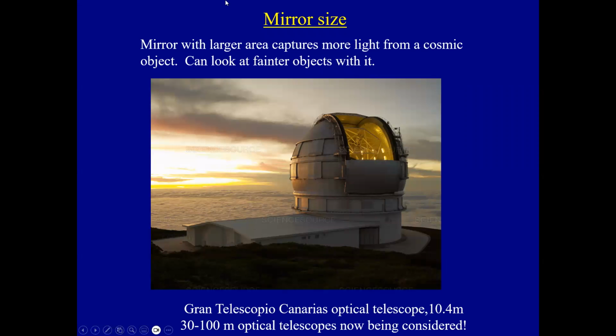And what we can see out in the field of astronomy. So let's talk a little bit about the theories behind the optical telescope, right? For a telescope, one of the most important parts is the mirror size. That means the size of the surface that's going to capture the light. More light means brighter objects, so the larger the mirror, the fainter the objects you can see with the telescope, right?